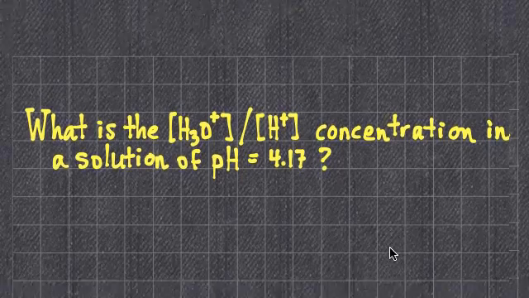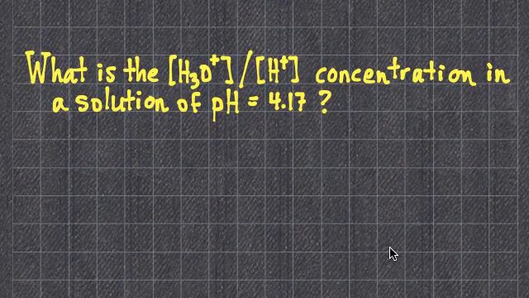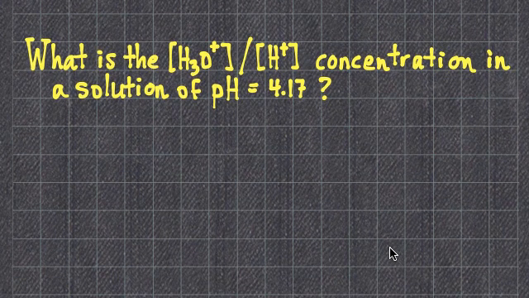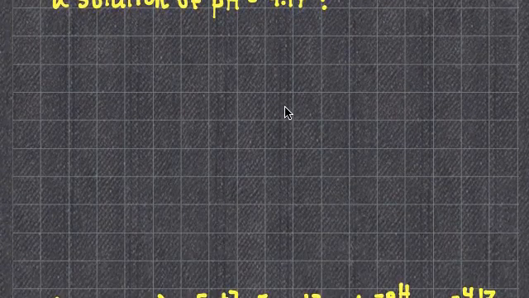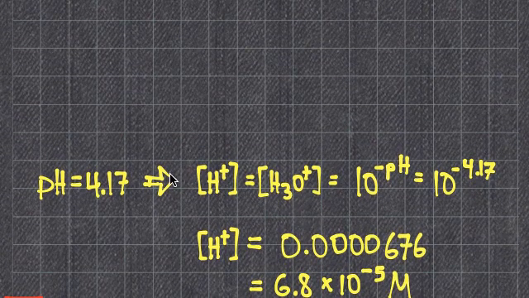Next example. What's the hydronium ion, hydrogen ion concentration if I have a pH of 4.17? Well, if they're so nice to tell us the pH, then we use the definition of pH and the reverse of the logarithm, and we just take 10 to the negative pH. So 10 to the negative pH gives me my hydrogen ion concentration.